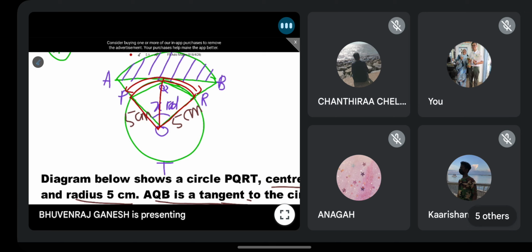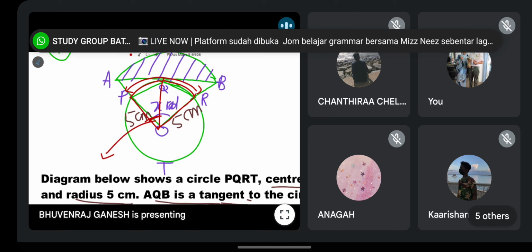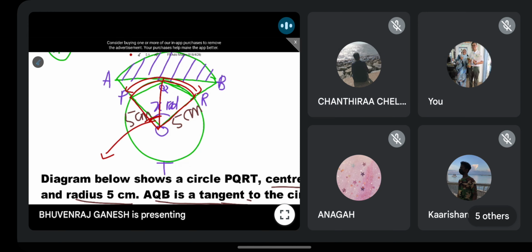Betul? Okay, so now can anyone tell me this small angle, berapa nilai dia? What is the small angle? Yang sudut POQ, apa nilai dia? If I cut like that, kalau saya potong segitiga, what will be the answer?